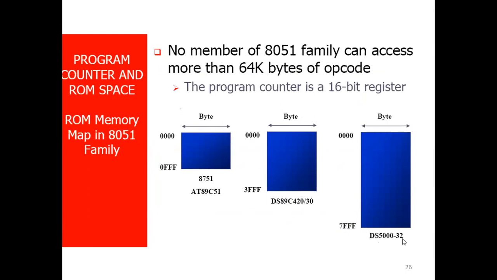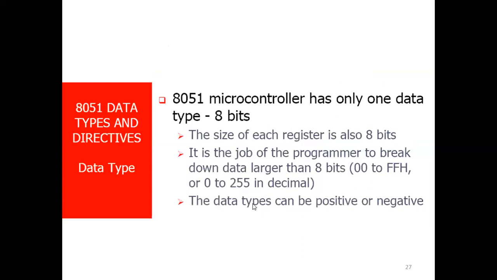And in the case of DS5032, it is 0000H to 7FFFH. The program counter is 16 bits wide, so different microcontrollers have different starting and ending addresses. In the next lecture, in continuation with the previous one, we will do the next topic.